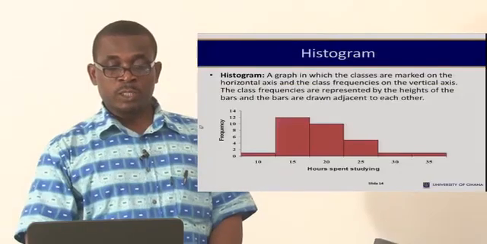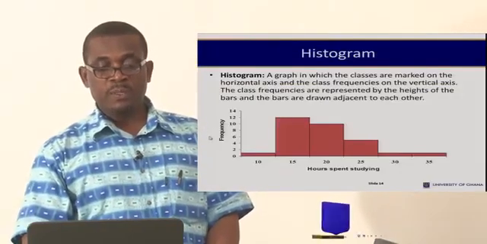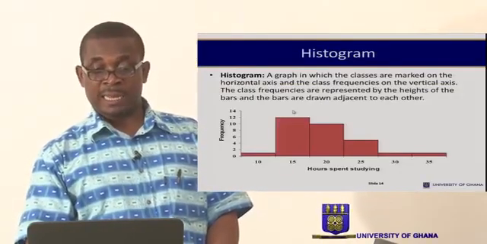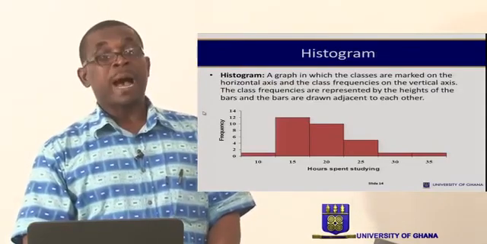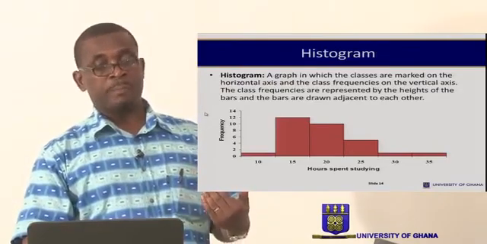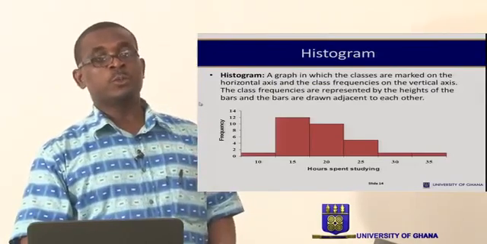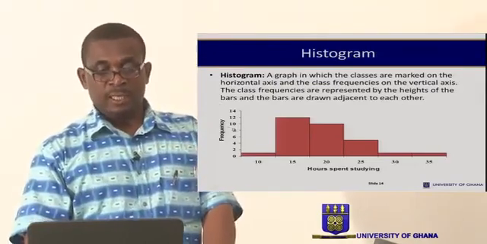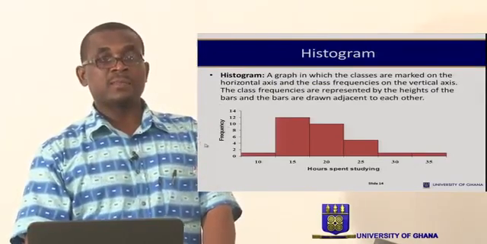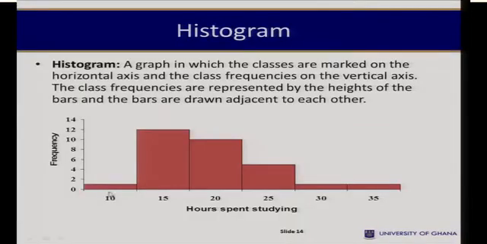So what we do is to represent the frequencies in each of the classes by bars, and the height of the bars corresponds to the frequency in each class. So you realize that the class 13 to 17 is this, and it had the highest frequency of about 12. So it has the highest bar.